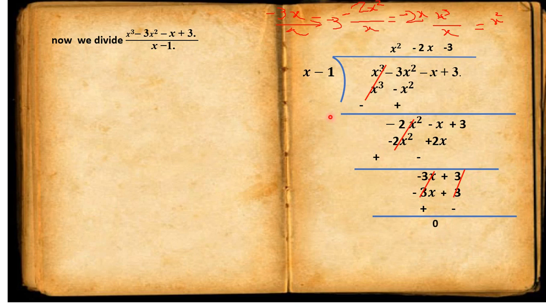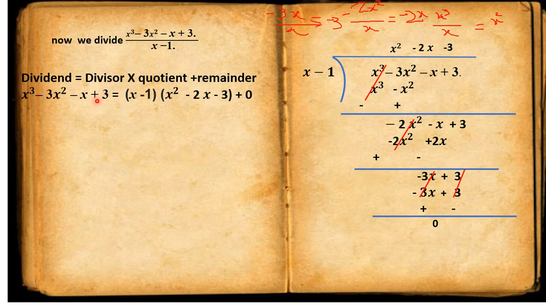Now as we told earlier that x minus 1 is a factor of the cubic polynomial, that means the remainder is 0. So by the relation dividend is equal to divisor into quotient plus remainder, we can write that the dividend, the cubic polynomial, is equal to the divisor x minus 1 into the quotient x square minus 2x minus 3, and the remainder is 0.